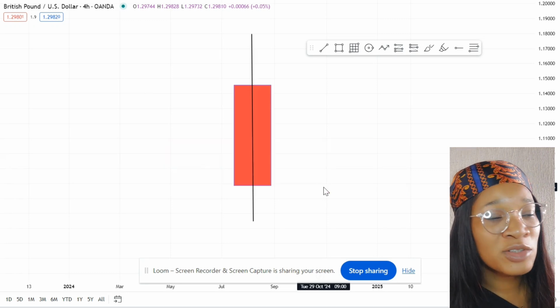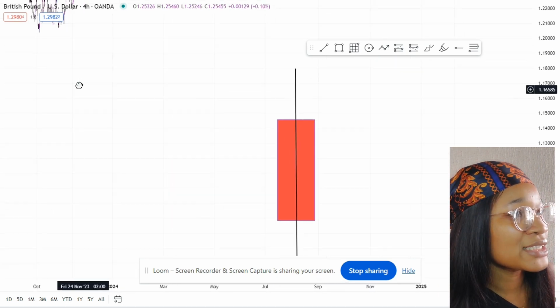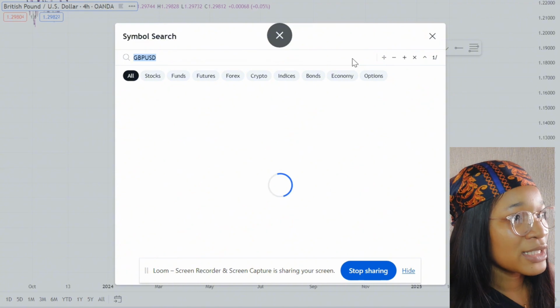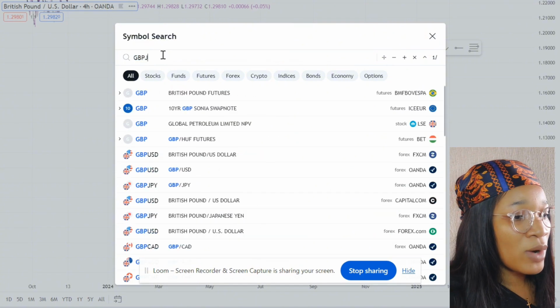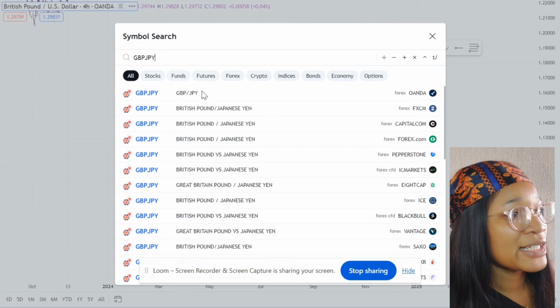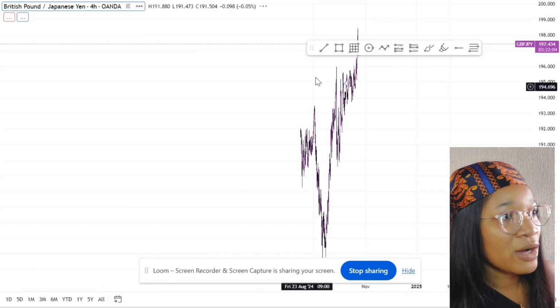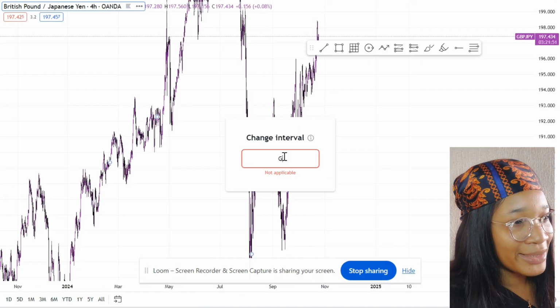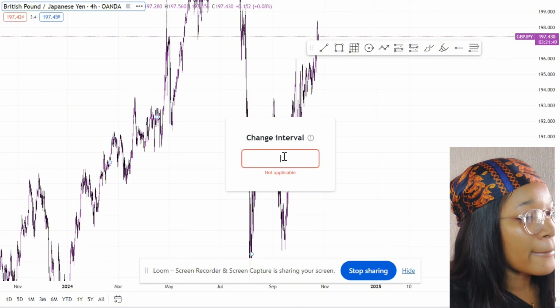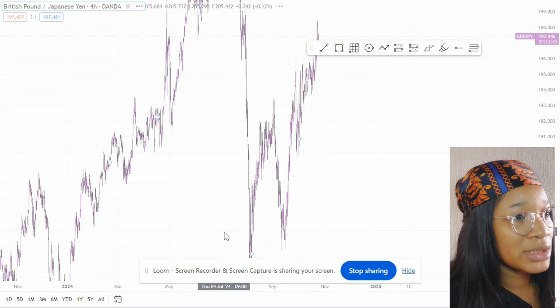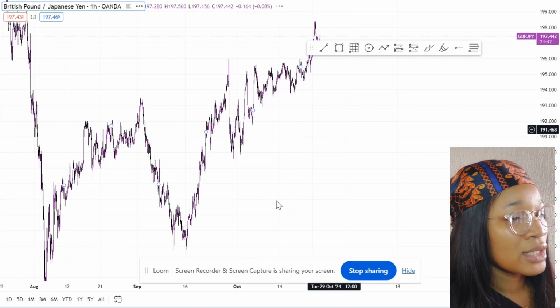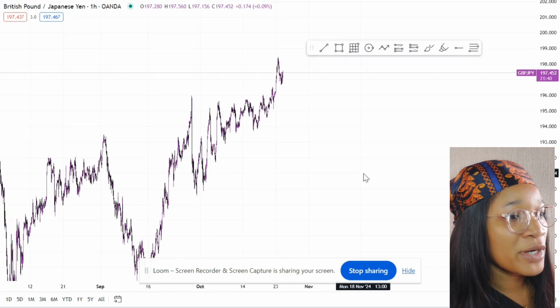So enough of the talk. Let's just go into the chart. Let's go over to GBP JPY. I think the last time I was on GBP JPY, I saw a chart pattern on the 1 hour time frame.